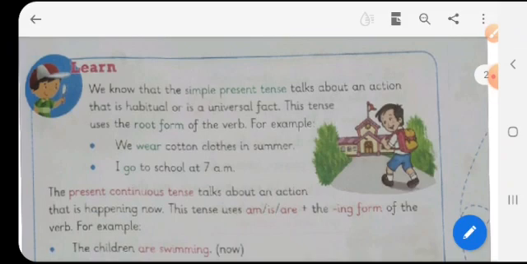Go is the base form, and when we have to use the past tense of this verb, we say went. And in the third form, that is the past participle, we use this verb as gone. So the base word is go. So this is what has been talked about.